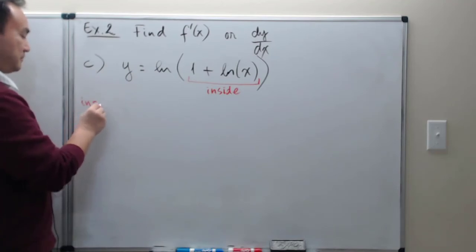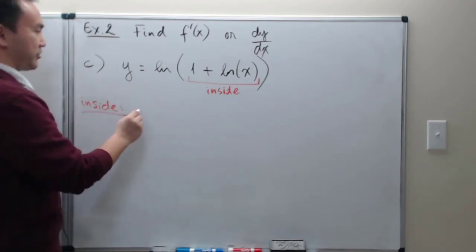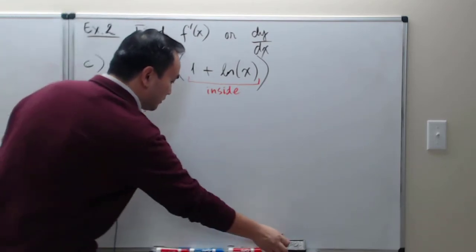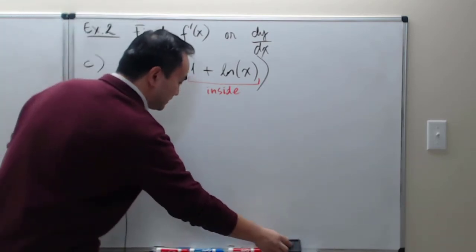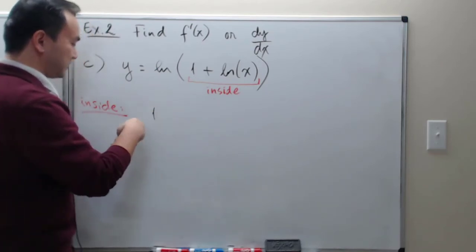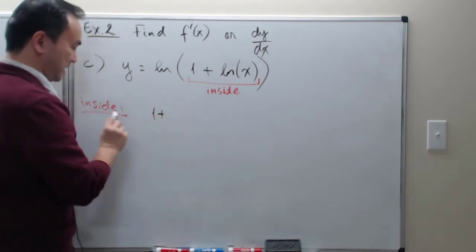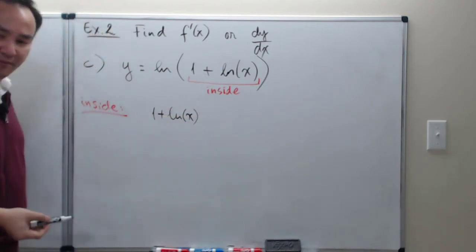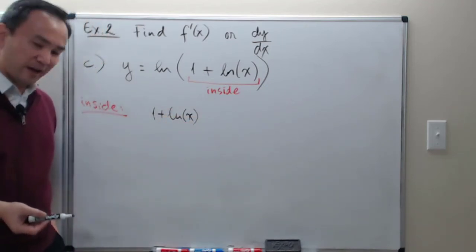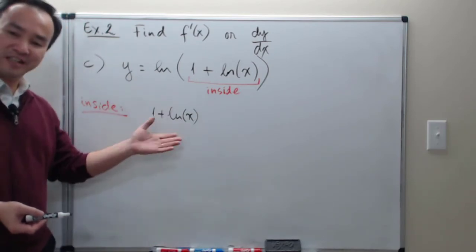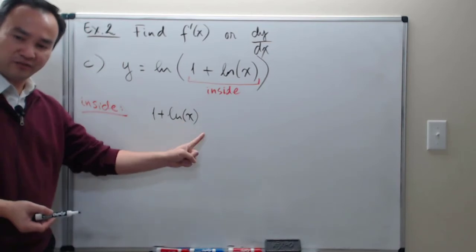So the inside is the expression, and this time let me go a little skippy on the notation here. Instead of giving a new variable, I'm just going to get straight to the entire expression as I recommended, even though you have your choice of exploring other ways to find the inside here, but I highly recommend you stay with this one. 1 plus natural log of x.